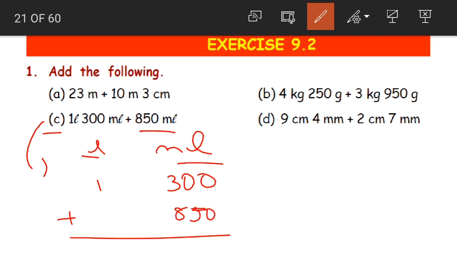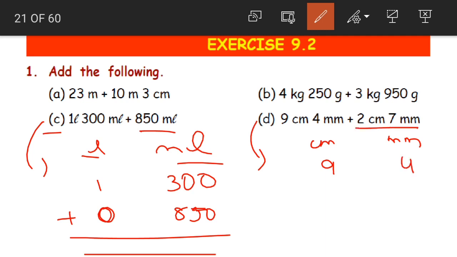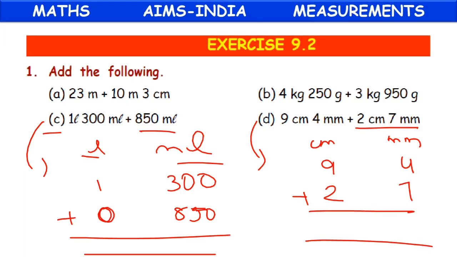We have nothing in the liters column here, so we'll write 0. When we add, we'll get our answer. And coming to question D, centimeters and millimeters. 9 centimeters 4 millimeters plus 2 centimeters 7 millimeters. It is also a very simple question.